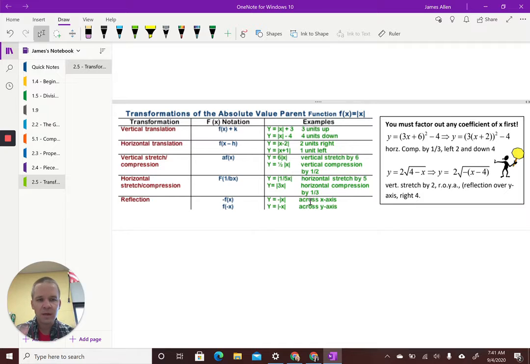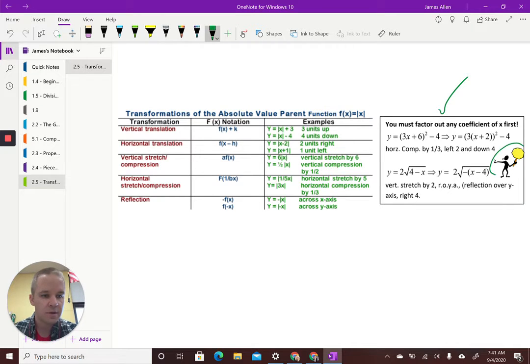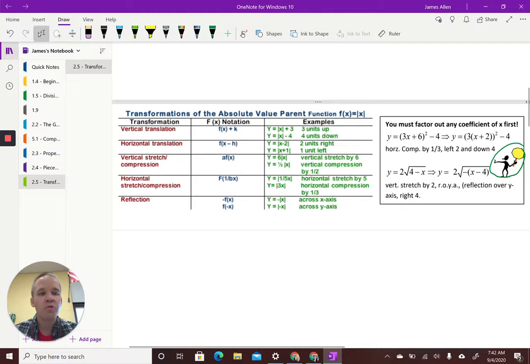Lovely. Now, one really important thing to note, which is why we have this dude with a very interesting looking arm there. That's a weird little check mark, but whatever. You have to factor out when you're on the inside of the function and you're trying to figure out your horizontal transformations, whether that's a stretch or compression or a left-right movement. What we mean here is you see how we have 3x plus 6.